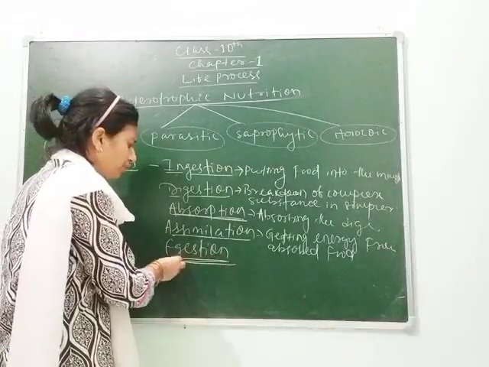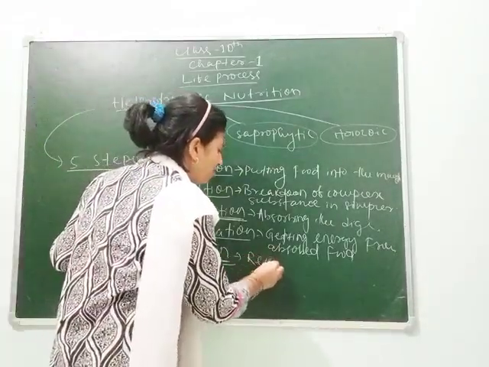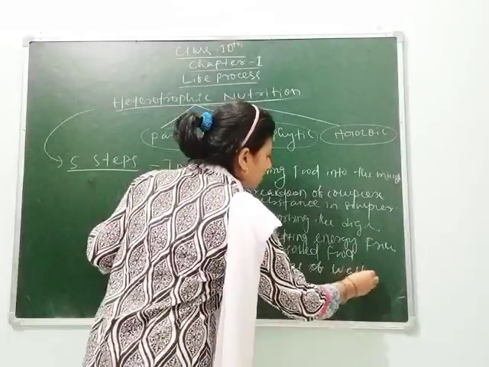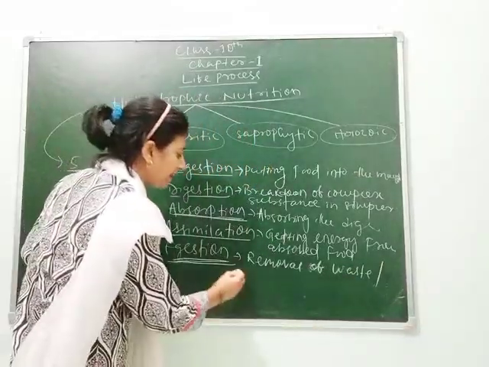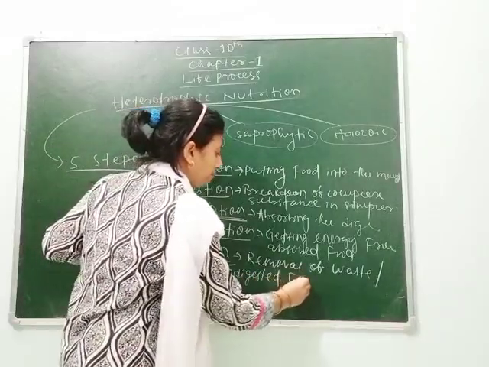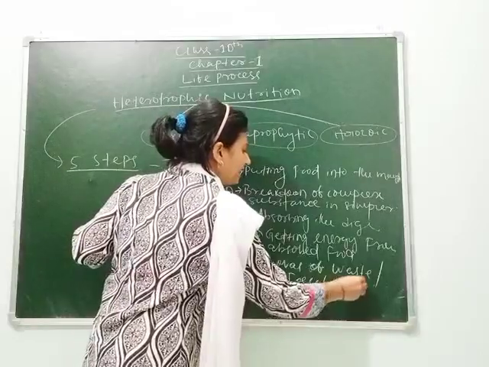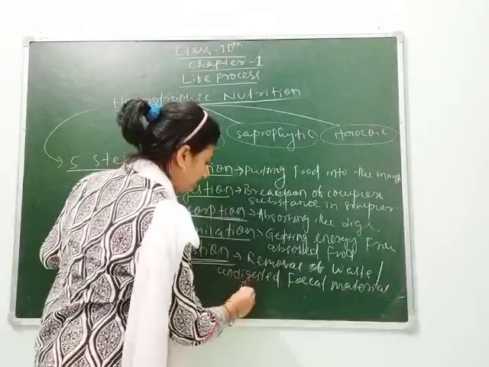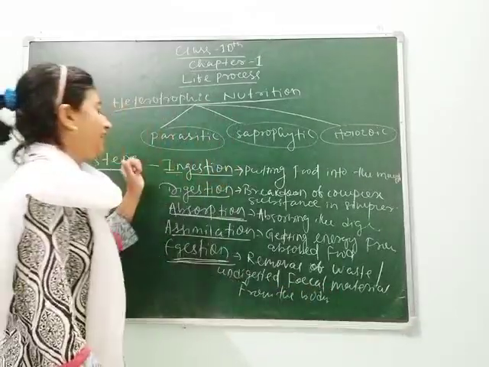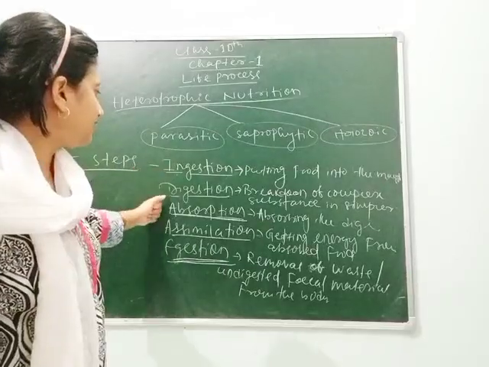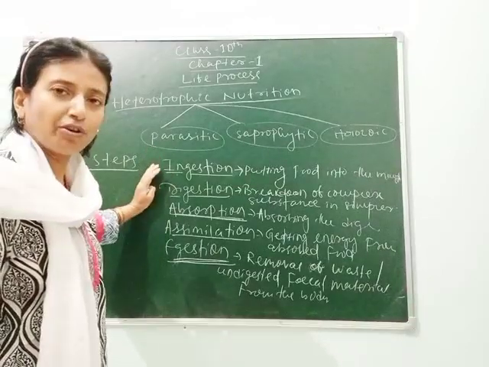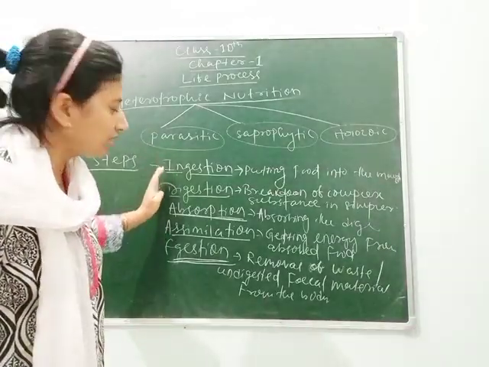Simply remember that egestion is the removal of undigested fecal material from the body. So the 5 steps are ingestion, digestion, absorption, assimilation and egestion. All heterotrophic organisms complete their nutrition through these 5 steps.